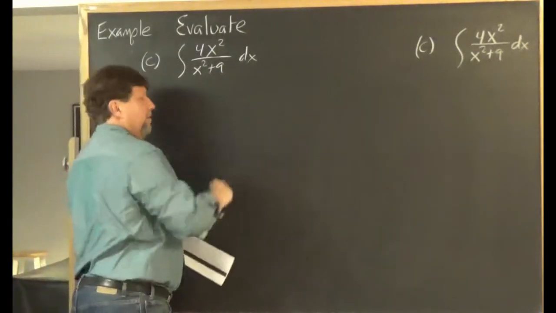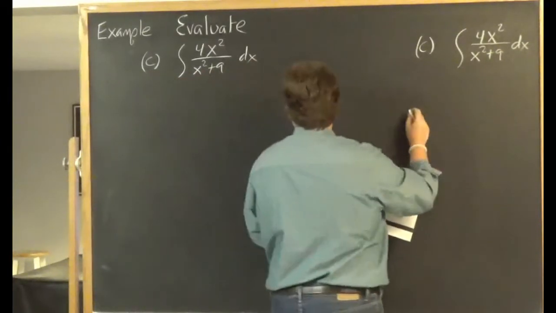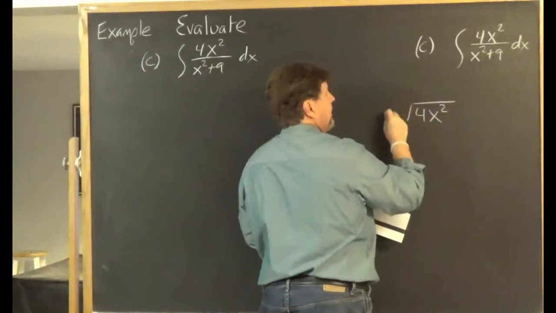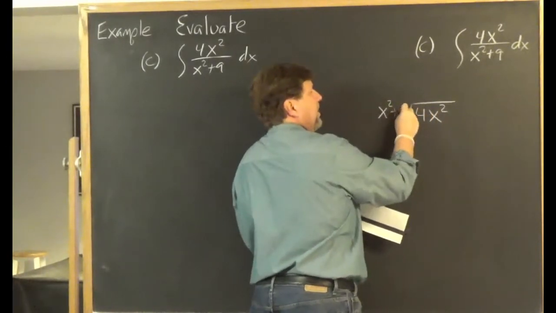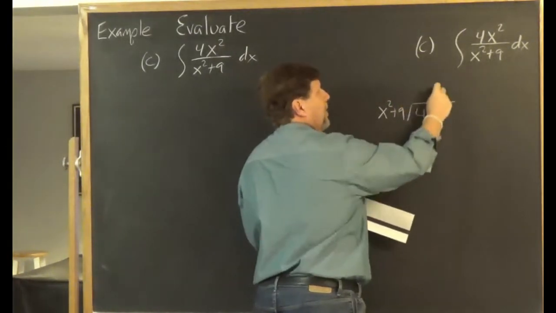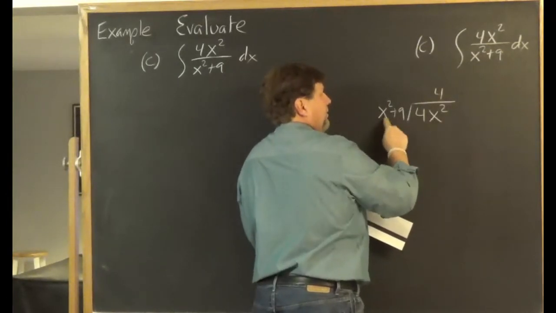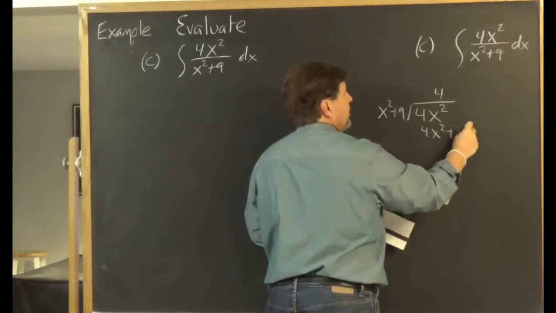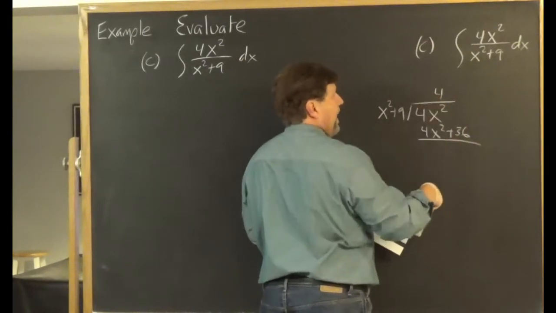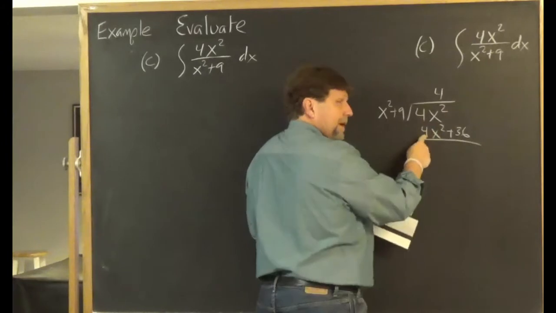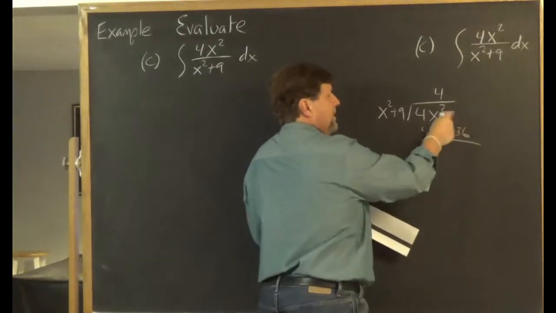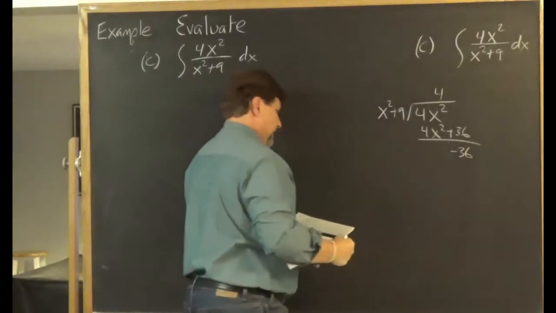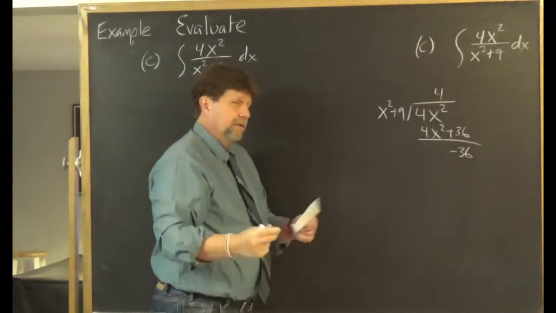So I'm going to come over here to do the polynomial long division. 4x squared divided by x squared plus 9. Put 4 up here. 4 times x squared is 4x squared. 4 times 9 is 36. I subtract. So 4x squared minus 4x squared is 0. 0 minus 36 gives me negative 36. So what does that mean?